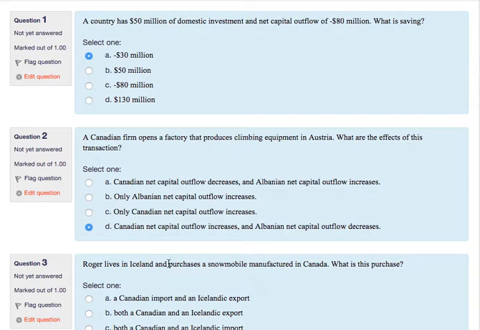Some people could say, well, why does this decrease? Well, it's a net capital outflow. So even if the amount of money that flows out of Austria is the same, if the inflow is greater, the outflow minus the inflow is going to lead to a net capital outflow decrease.